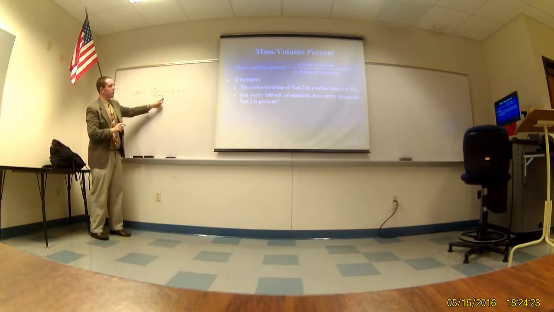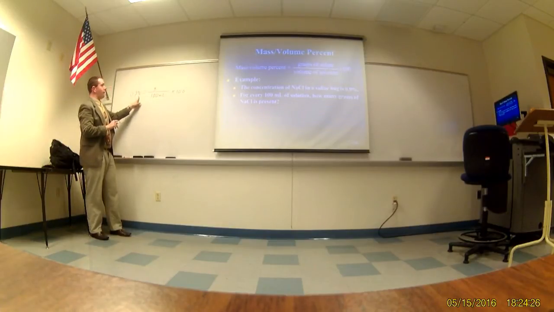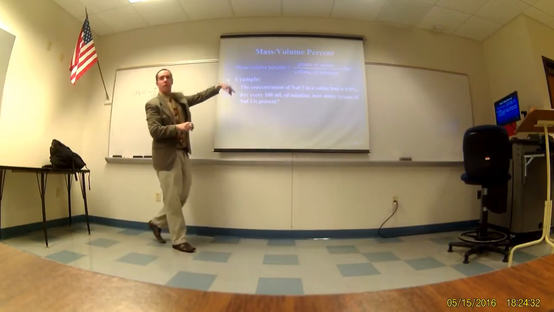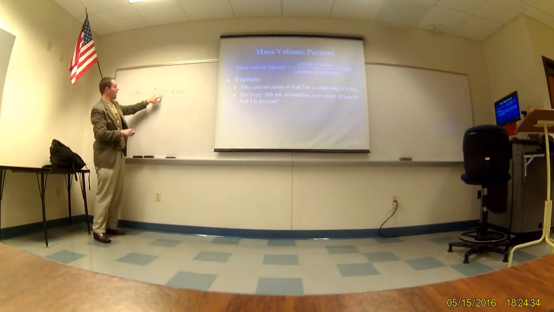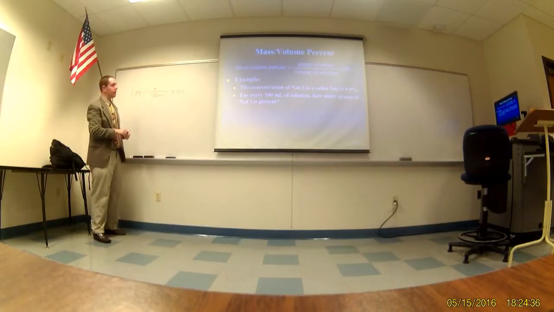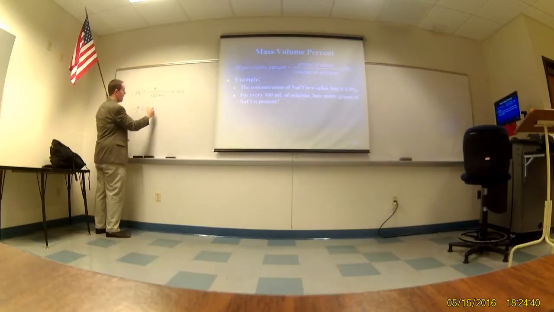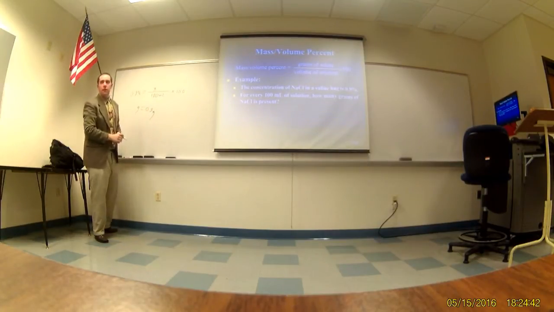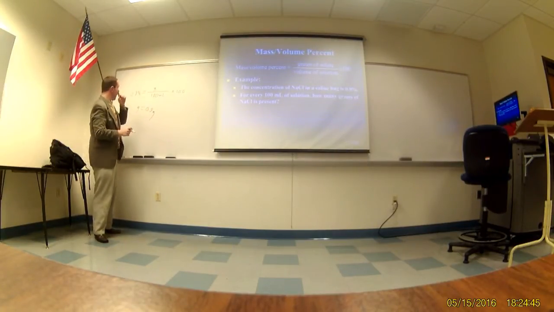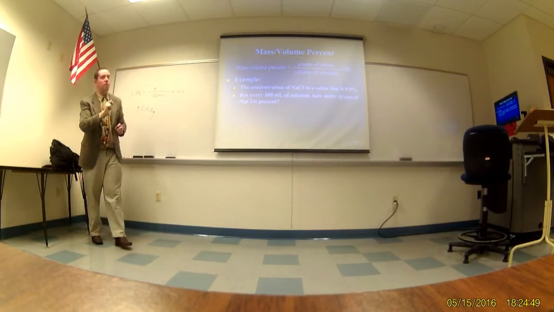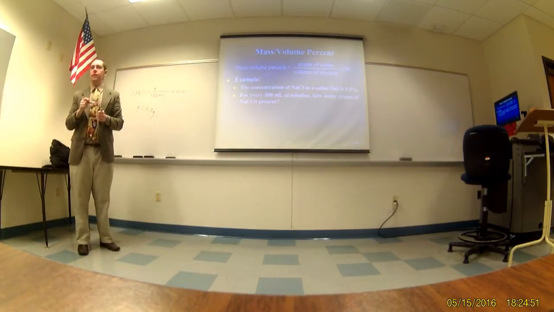The milliliters show up over here, because this 0.9% is actually grams per milliliter. And so we have grams divided by milliliter. And so grams equals 0.9 grams. So there are 0.9 grams of sodium chloride in 100 milliliters of saline.